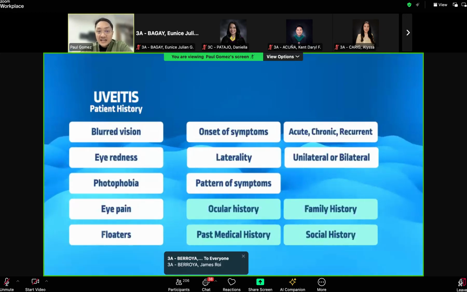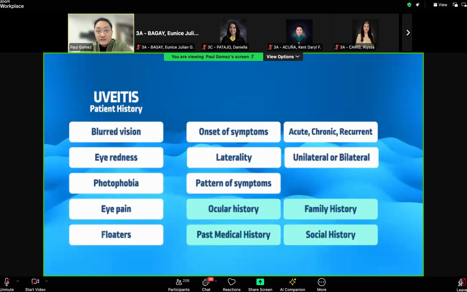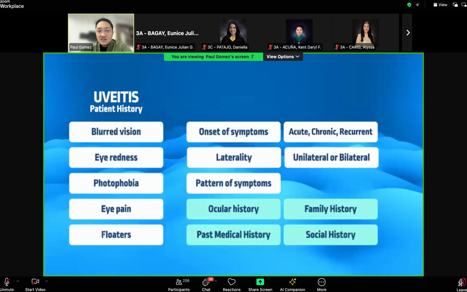And you also have to ask kung nagsisteroids ba siya for whatever reason. Family medical history is also important for possible hereditary diseases. And of course, social history is also important, especially merong mga uveitis na related sa sexual history ng pasyente.